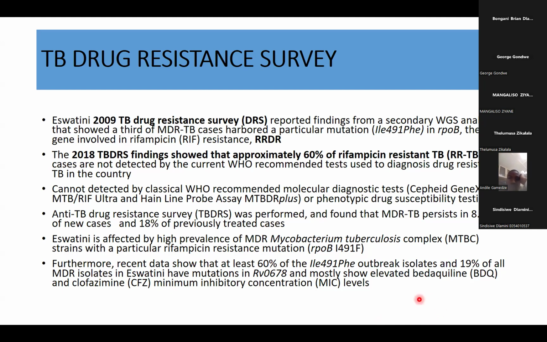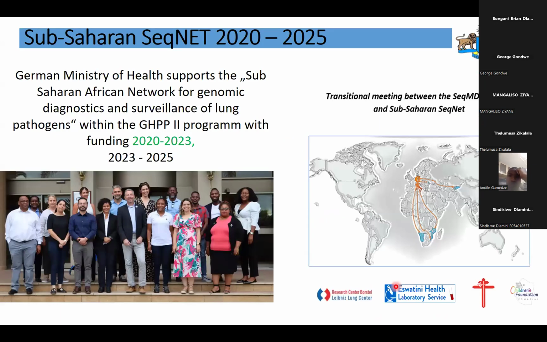Okay, so what did the Ministry of Health do? In trying to address this problem, the Ministry of Health, together with its collaborators, including Baylor, AHLS and TCP, introduced a project which we call the Sub-Saharan Sequencing Network.